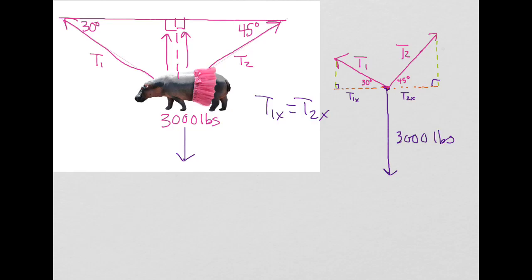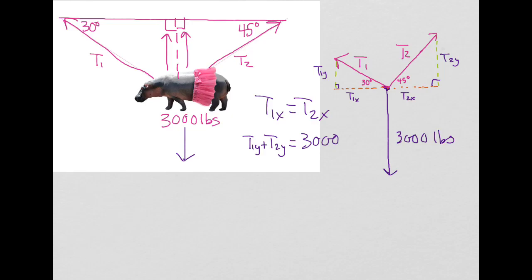Now, similarly, slightly different, but similar, if you think about the vertical components of this, the hippo is neither moving up nor is it moving down, and so the two vertical components of my force vectors from my cables, if I want to call that T1y and T2y, those two combined have to equal that 3,000 pound force of the gravity acting on the hippo. So from that, I can say that T1y plus T2y equals 3,000.